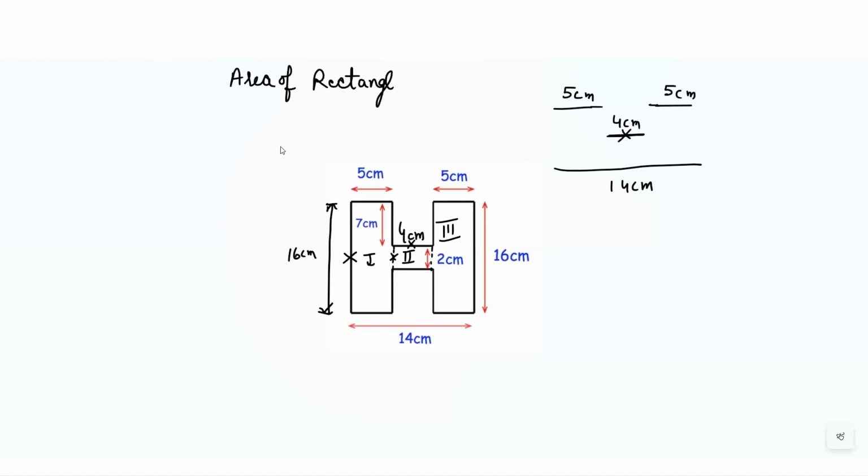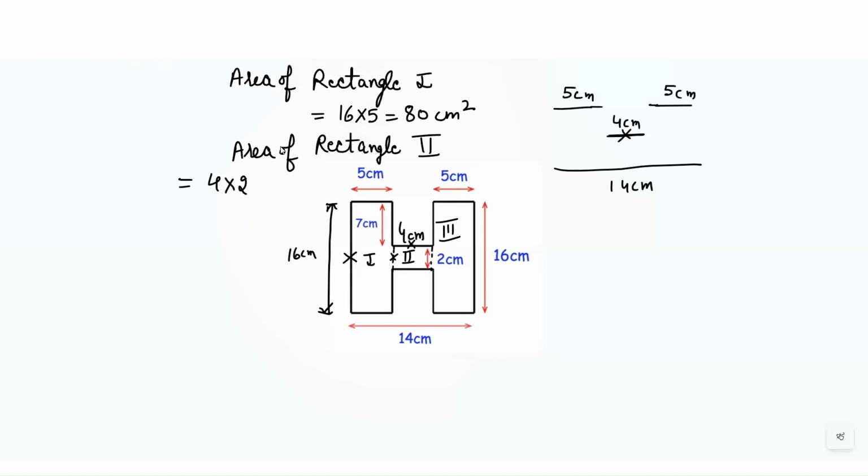So we'll find out the area of rectangle 1 is equal to 16 into 5, which is equal to 80 centimeters square. Area of rectangle 2 is equal to 4 into 2, which is equal to 8 centimeters square.